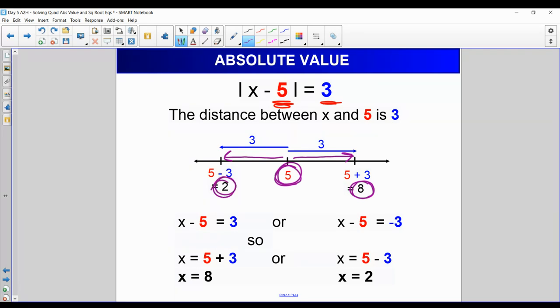Again, what we're doing is taking what's on the inside and saying that that can be equal to what's on the outside. So x minus 5 equals 3, or taking what's on the inside, x minus 5, and setting it to the opposite of what's on the outside. And you can see when I solve it mathematically, I get the two numbers that we looked at graphically, 8 and 2.